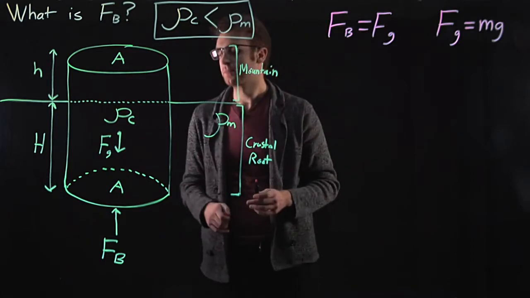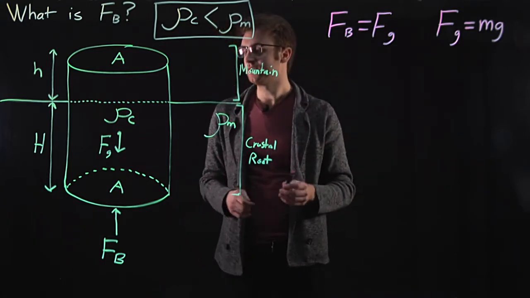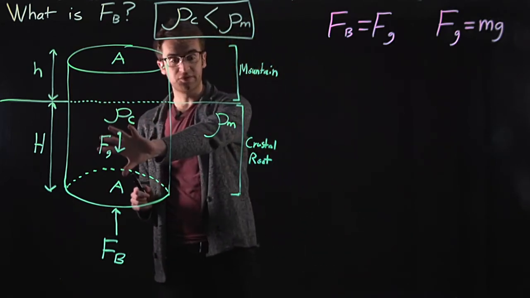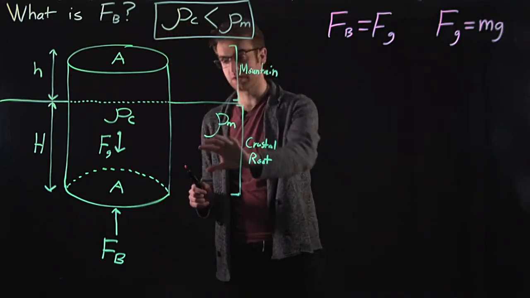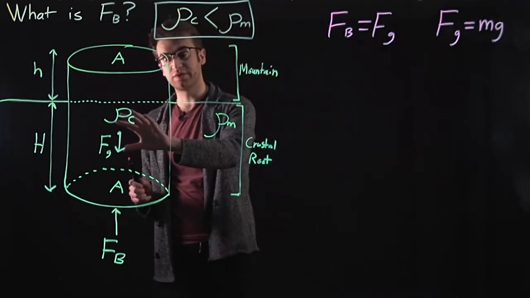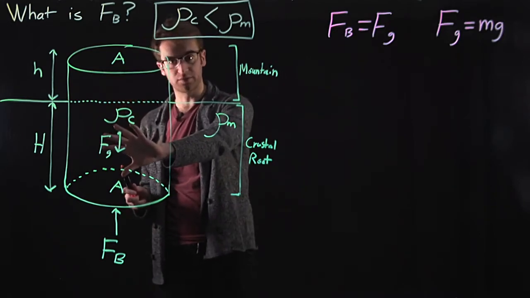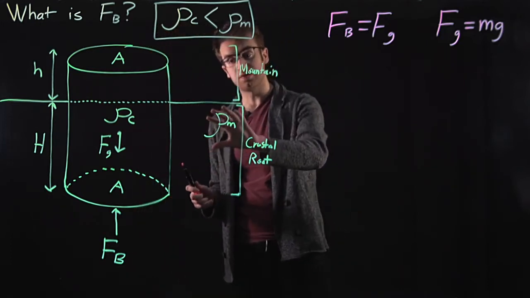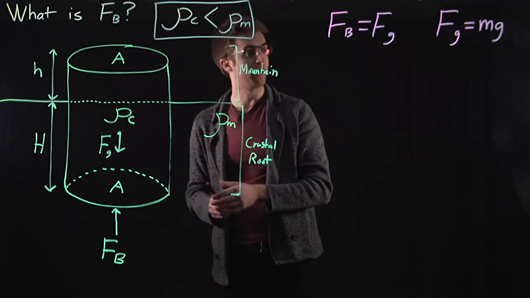So let's think about this gravitational force again. The effective mass is essentially just going to be the sum of the negative mass and the mass of the mantle displaced. That is to say that we're going to treat the crustal rock that's displacing the mantle as a negative mass, and we're going to treat the displaced mass of the mantle as a positive mass.